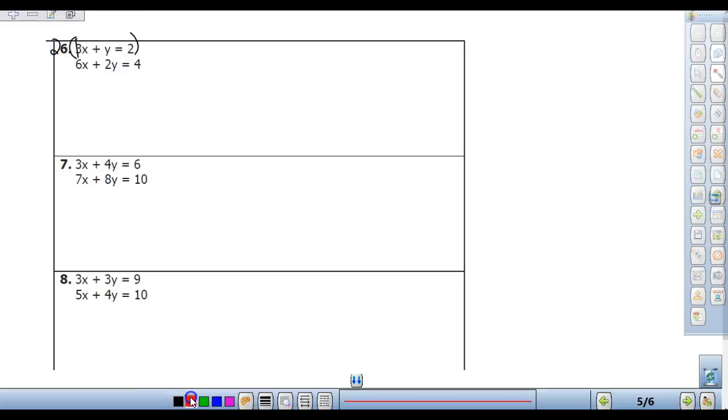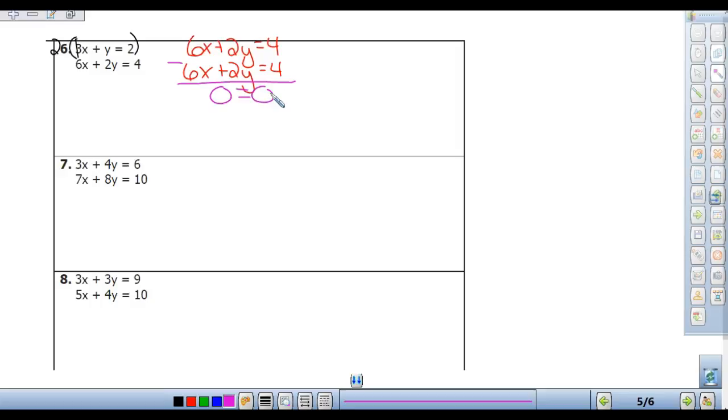Alright, so if I multiply the top by 2, I get 6x plus 2y equals 4. Bottom, I still have 6x plus 2y equals 4. Same sign, I subtract. 6x minus 6x, 0. 2y minus 2y, 0 equals 0. True or false?